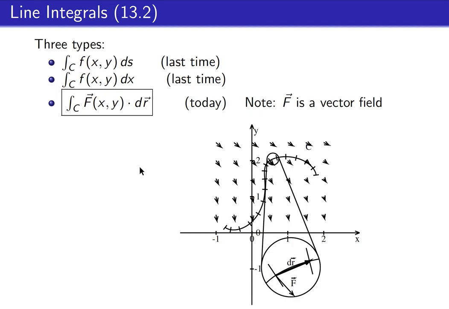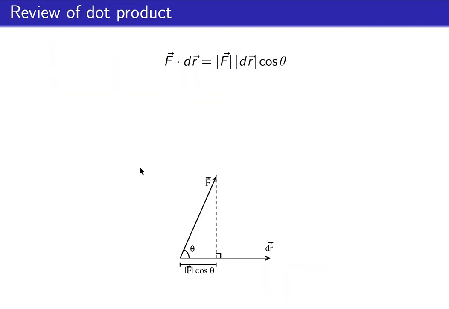So what is this like? Well, let's review the dot product here. If you recall, the dot product of F and dr is the length of F times the length of dr times cosine theta. Here's a picture, dr and F here. I'm aligning dr to the right, horizontally. And if you take this vertical line from F, dropping it down to dr, so it's perpendicular to dr, then you get this right triangle.